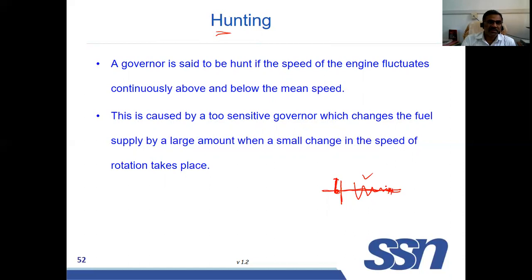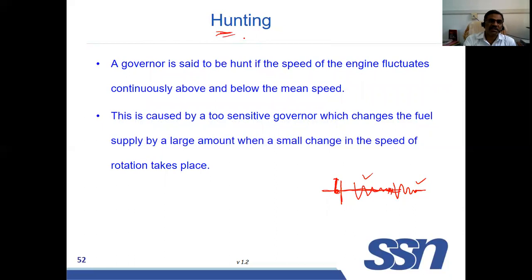That is, when the speed is changed, the sleeve has to come to the equilibrium position suddenly. Without coming to the mean position suddenly, it will go below the mean position, then above, below, above. Finally, like vibration, it takes a long time to come to the mean position. That is known as hunting.